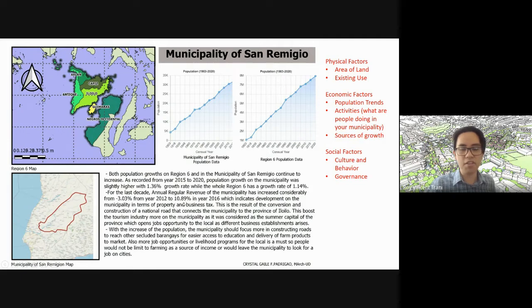So that's almost a 13% increase in 2016, which indicates the development of the municipality in terms of property and business tax. This is the result of the conversion and construction of national roads that connect the municipality to the province of Iloilo. This boosted the tourism industry in the municipality, as it was considered the summer capital of the province, which opened job opportunities to the locals as different businesses and establishments rise. So this is also very good.